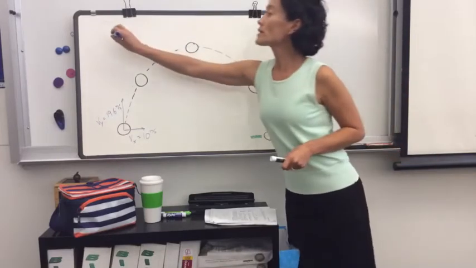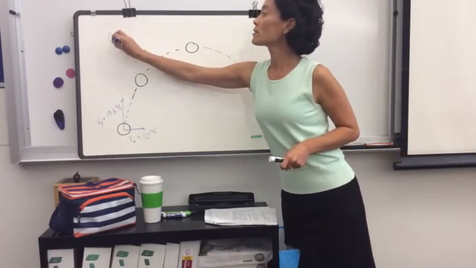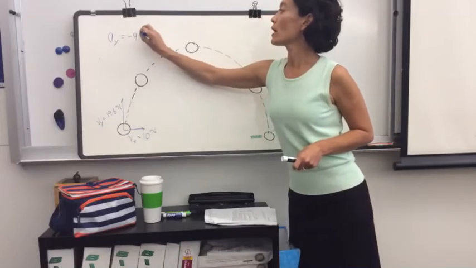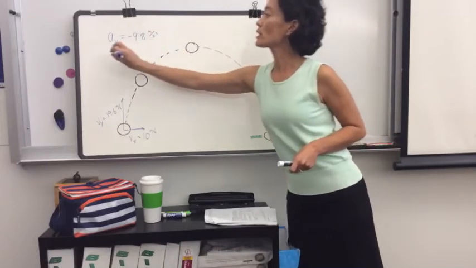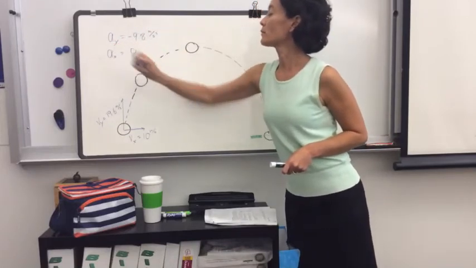Okay? The only acceleration they have is the y. So AY is negative 9.8 meters per second squared, AX is 0.